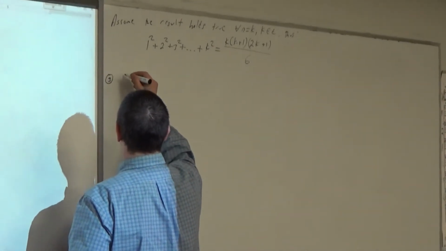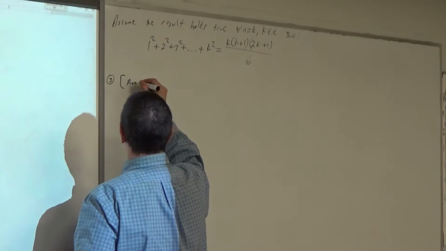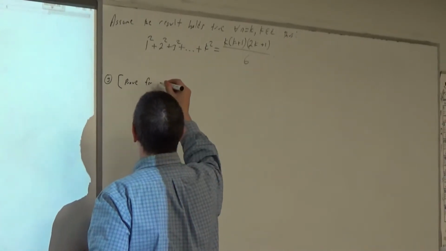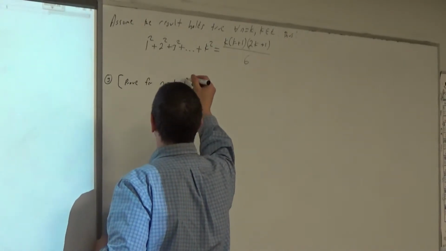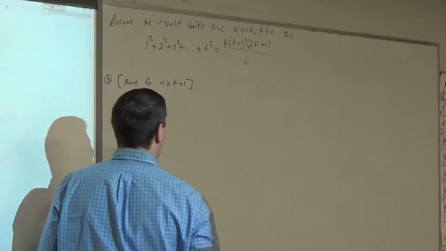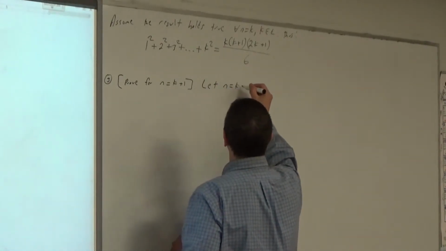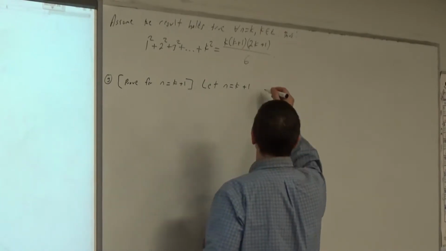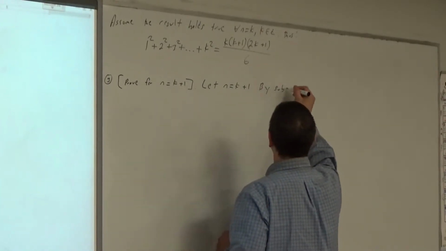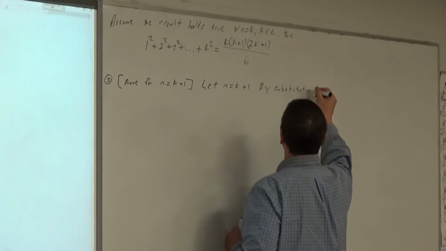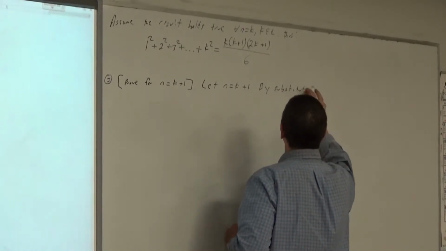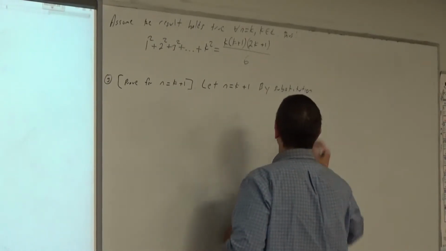So step 3, we want to prove for n equals k plus 1. Let's let n equal k plus 1 by substitution. Let's go ahead and make sure we can write this.